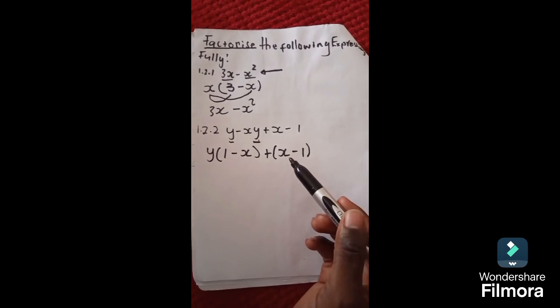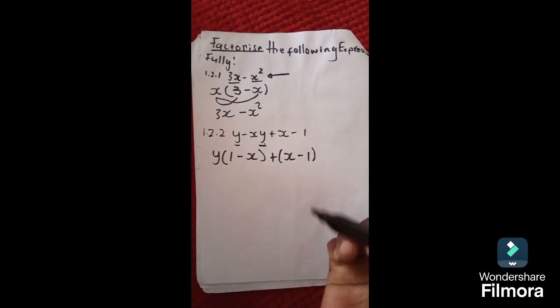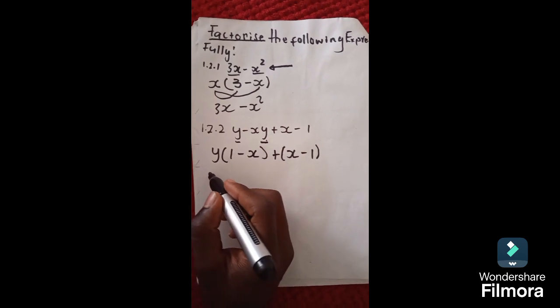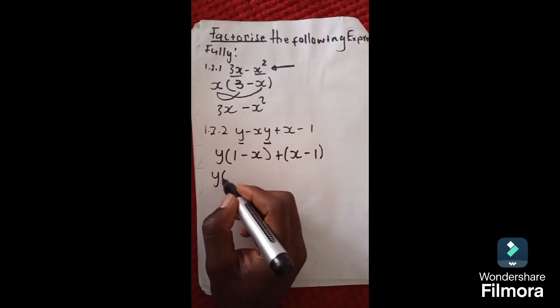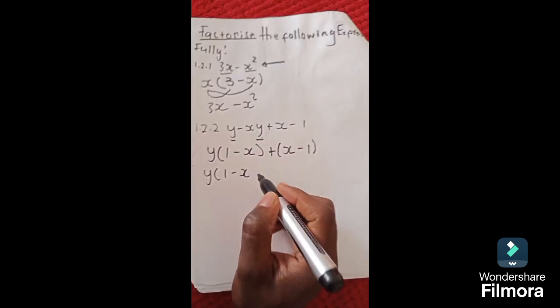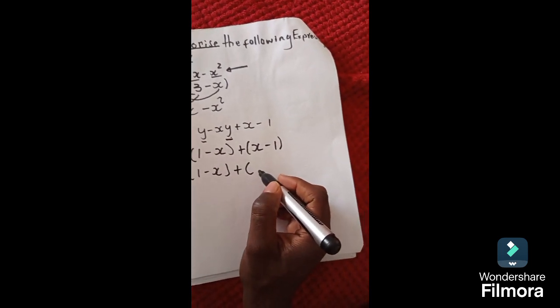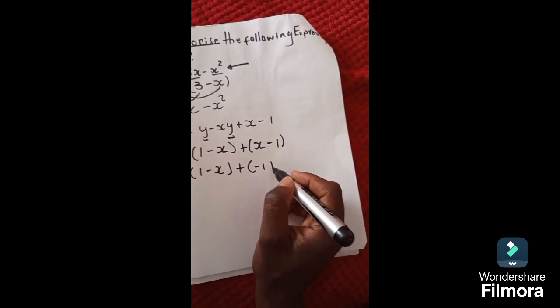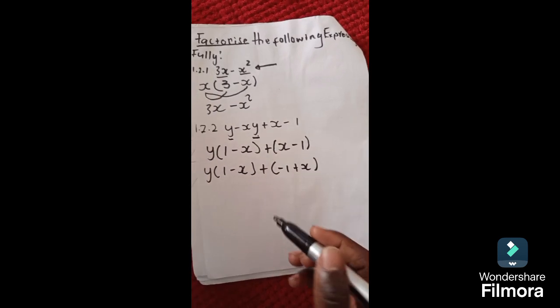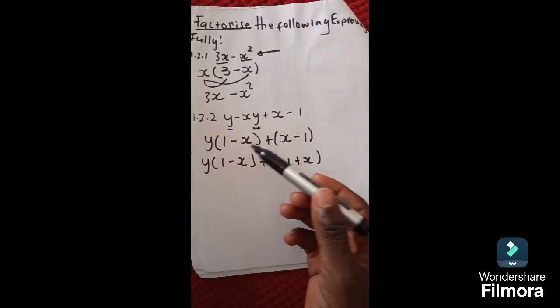Also, it's just that the arrangement is not the same. So I would advise students to then go about and arrange minus 1 plus x. So you've now arranged the 2 brackets.